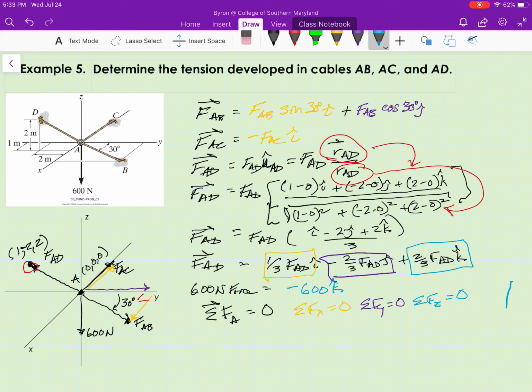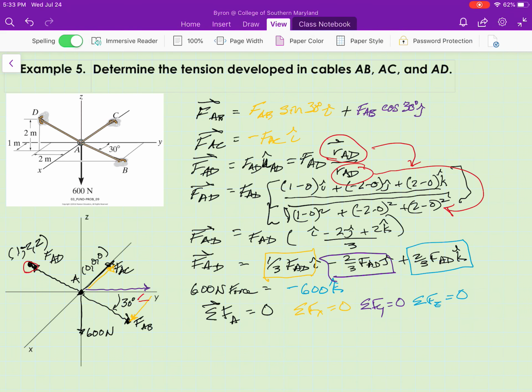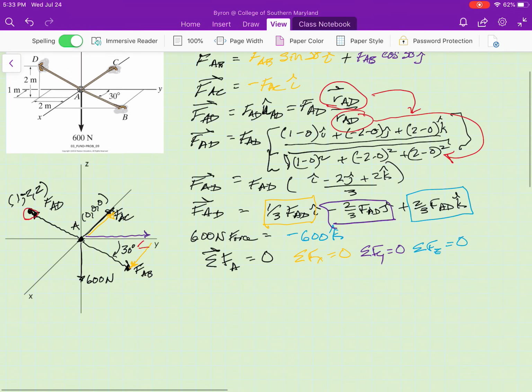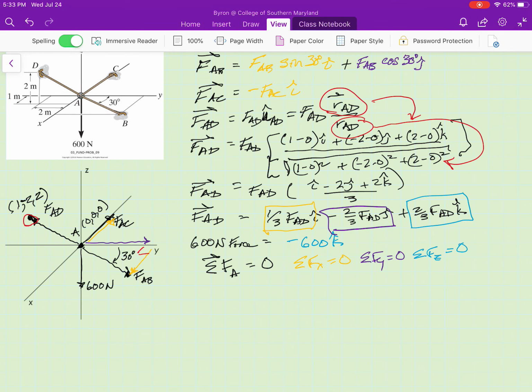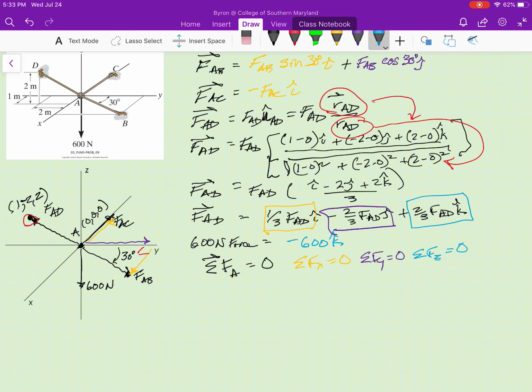Okay, so I will take those one at a time. So first, let's sum forces in the x direction.